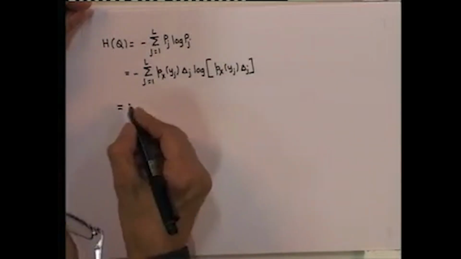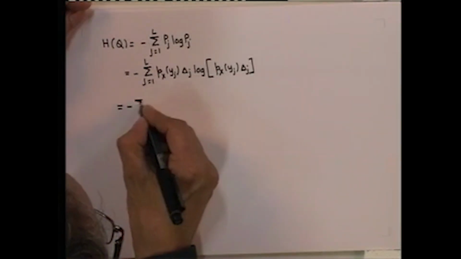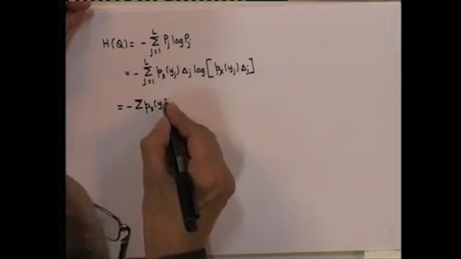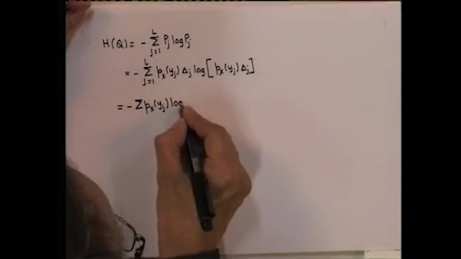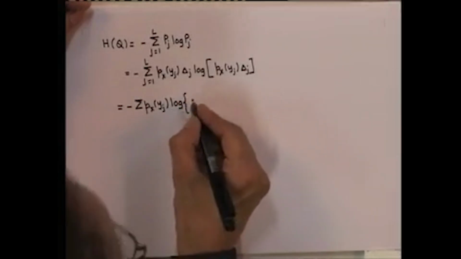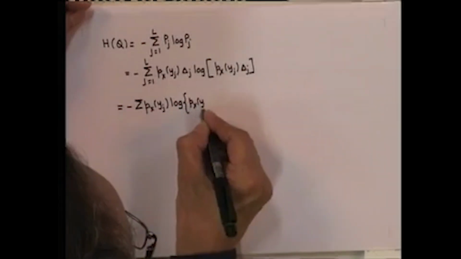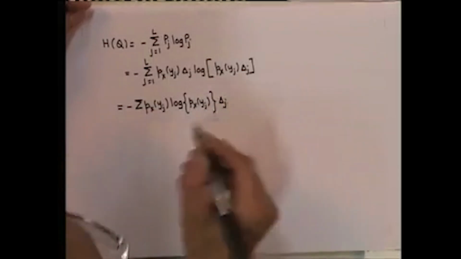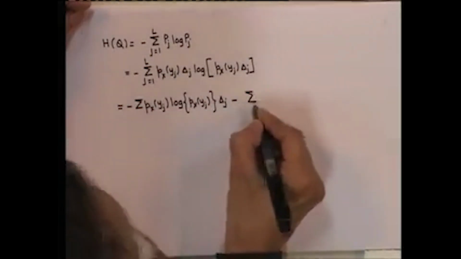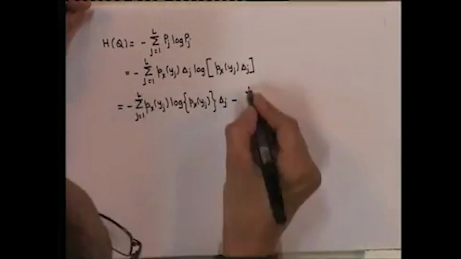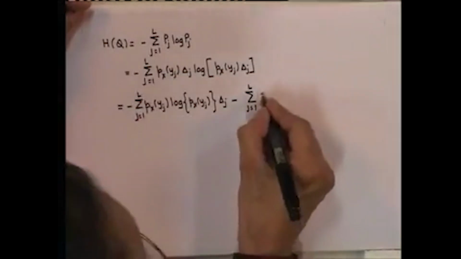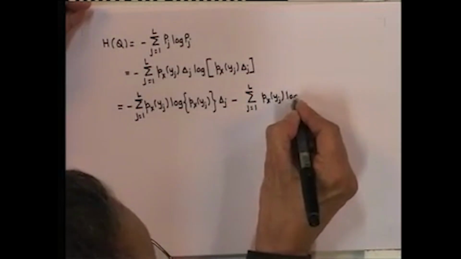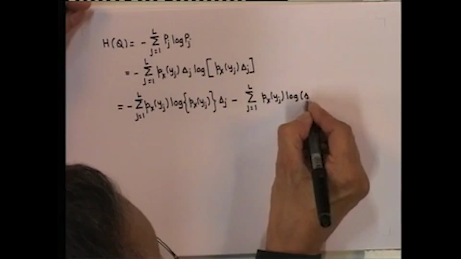This can be rewritten as a sum of terms involving log of P y j and log of delta j.